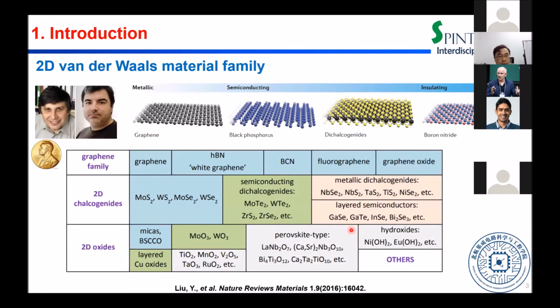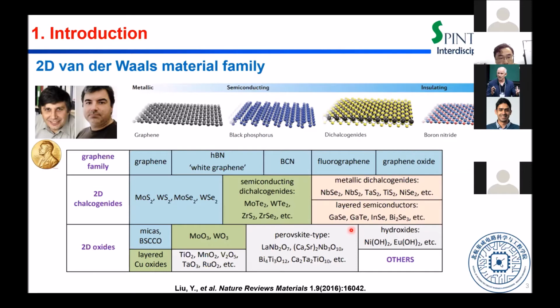As is well known, 2D materials have been a very hot topic since the discovery of graphene, just like Professor Stevens already talked a lot about graphene. After so long a time, this 2D van der Waals material has become a family.